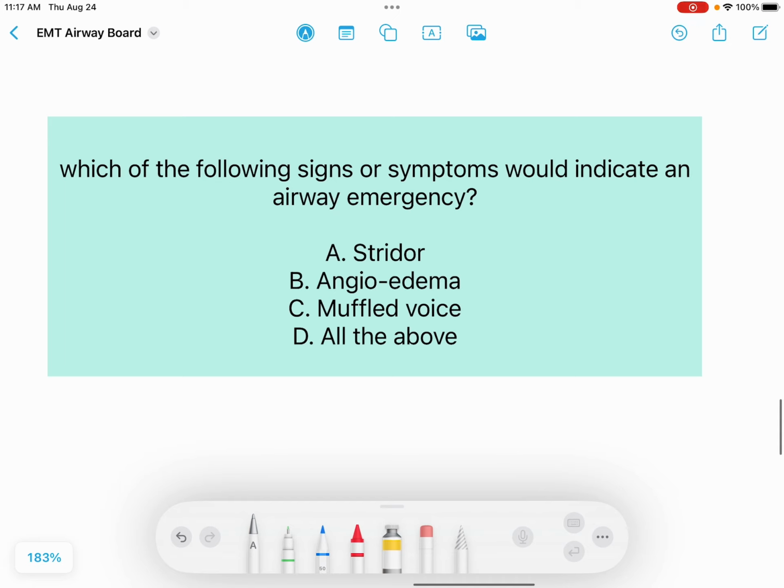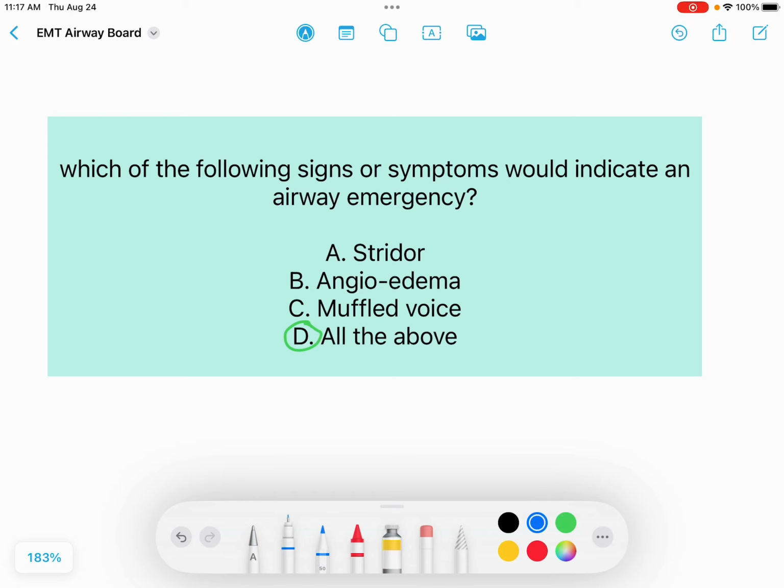All right, which of the following signs or symptoms would indicate an airway emergency? A, stridor, B, angioedema, C, muffled voice, or D, all of the above. Take a moment. And if you picked all of the above, good work. All of these things are potential signs of an airway related emergency.